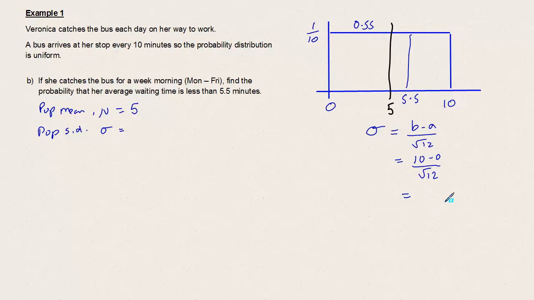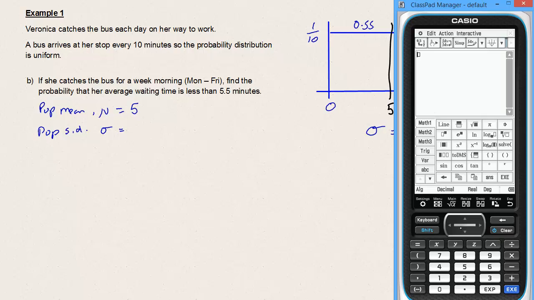And if we calculate that, let's just do that quickly. So we've got 10 divided by the square root of 12. I put the square root on top accidentally, so I need it to be on the bottom.